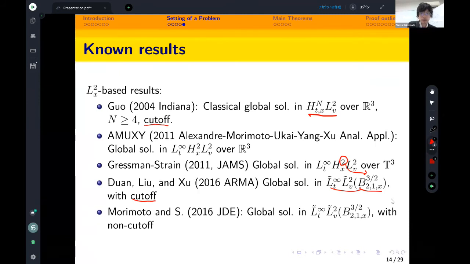So Morimoto sensei and I, or myself, improved this result for the non-cutoff case for the same solution space.